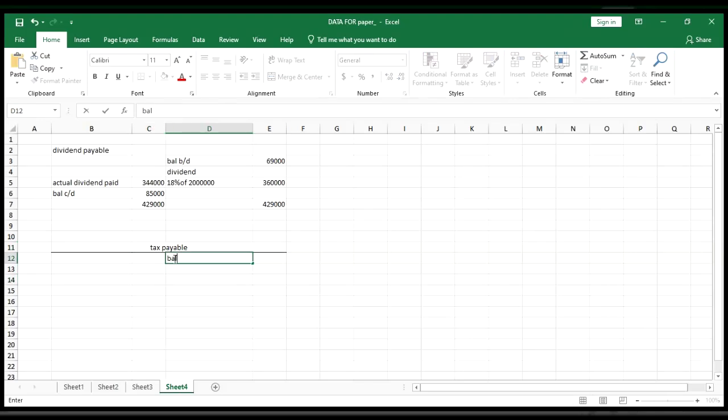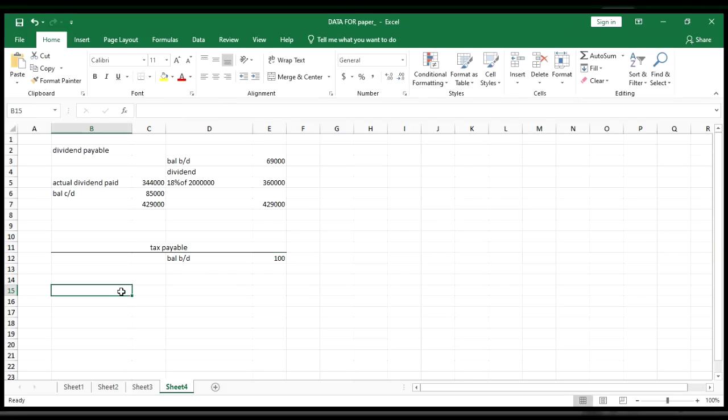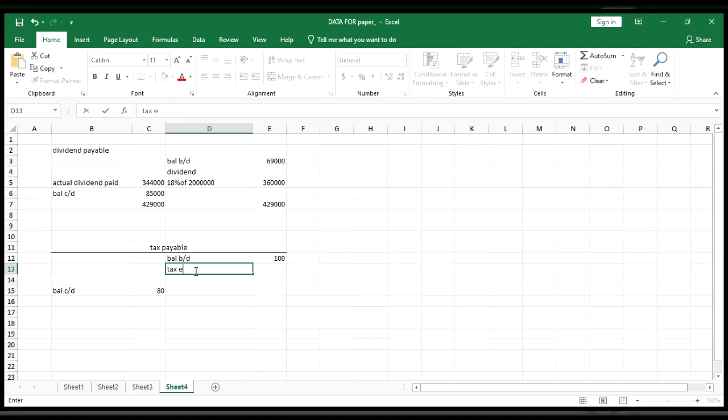We post the beginning balance, that is the balance BD, and assuming the balance BD is 100 and balance CD is 80, then the actual tax expense for the year is 20.